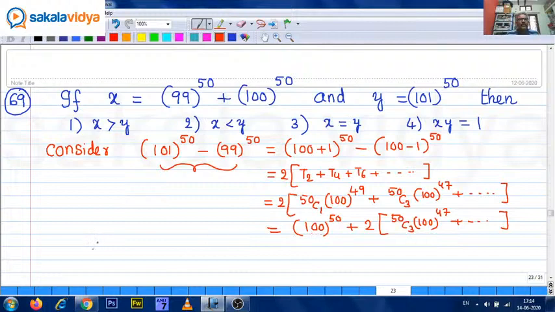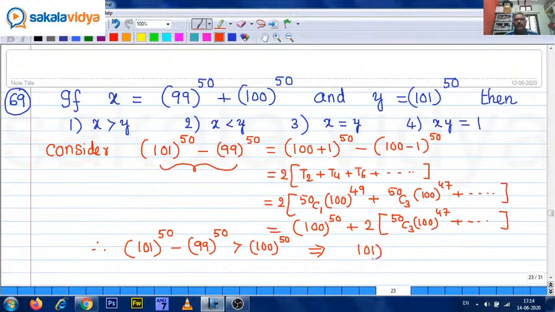Obviously we get 101 to the power of 50 minus 99 to the power of 50 is greater than 100 to the power of 50. Now take minus 99 to the power of 50 to that side. Now we get the relation: 101 to the power of 50 is greater than 99 to the power of 50 plus 100 to the power of 50.